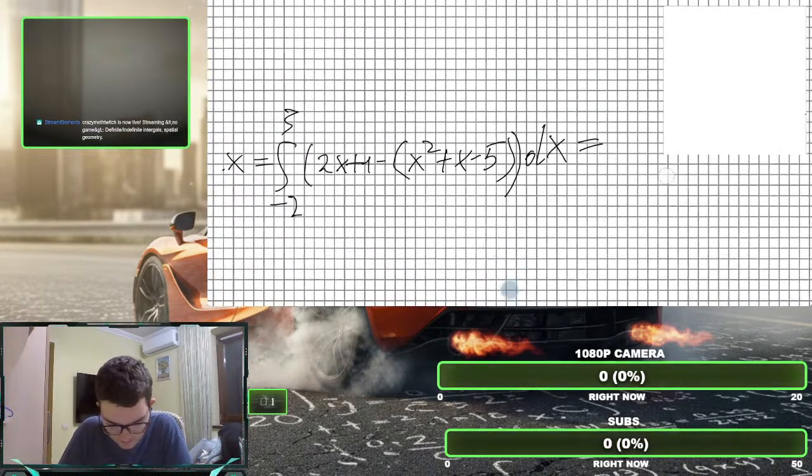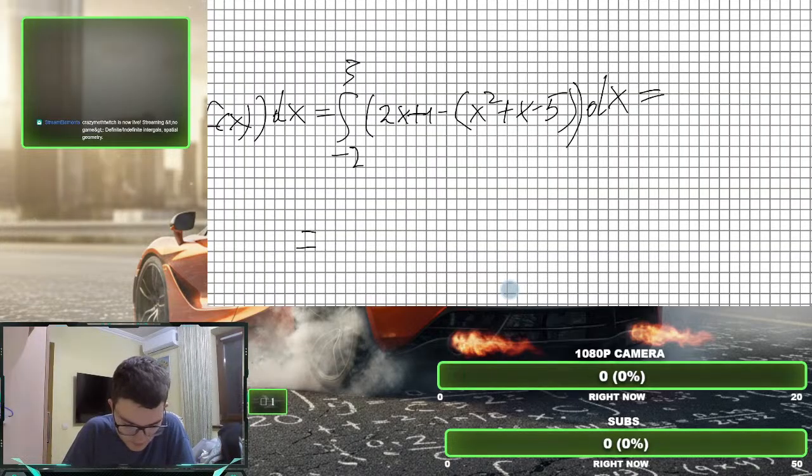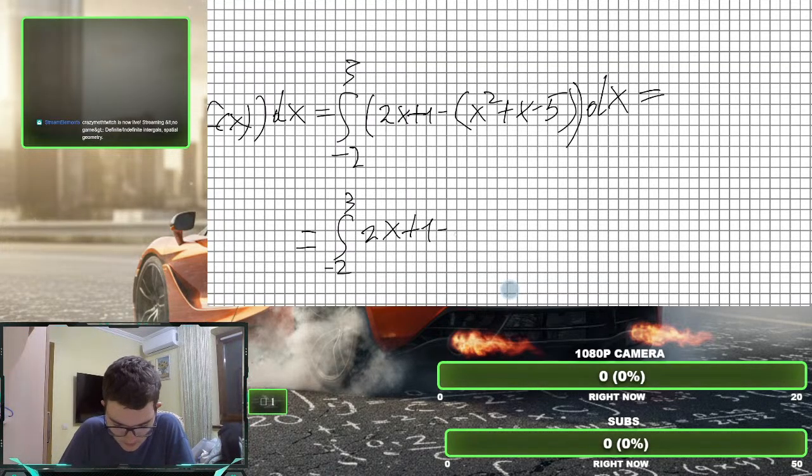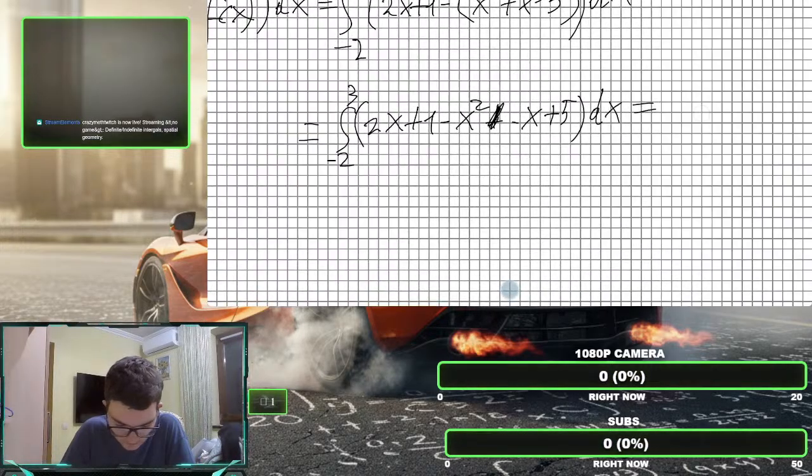After this, I'm going to write this integral once again, minus 2, 3, 2x plus 1 minus x divided by 2 plus, actually the sign changes once again, minus x, and then plus 5, and dx.